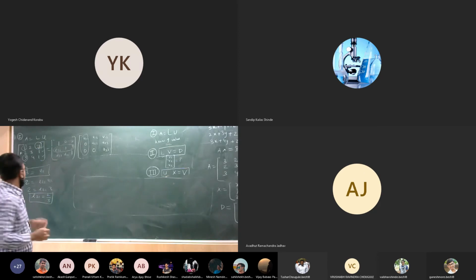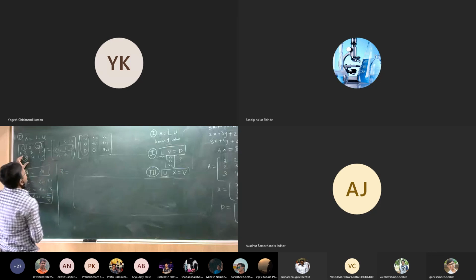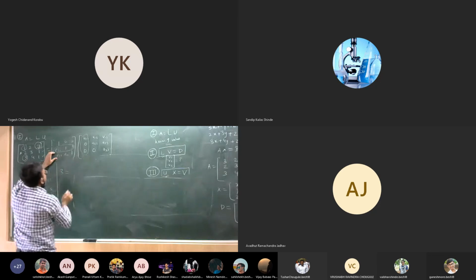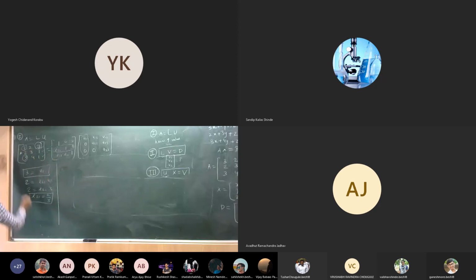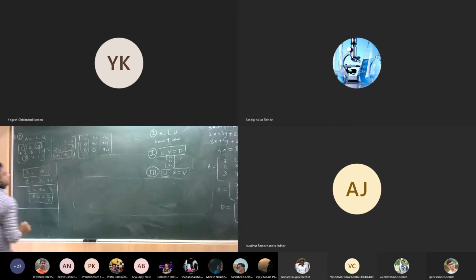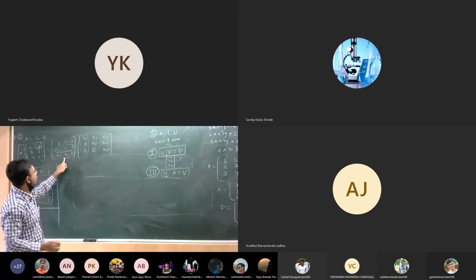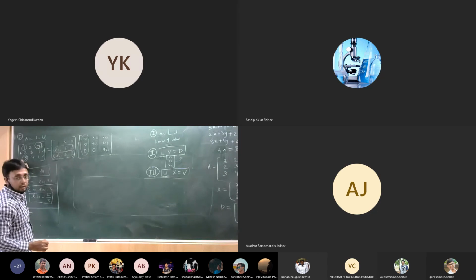Now we have to attach this 3 element. 3 is equal to this row with this column. So that is L31 into U11. It is a simple multiplication of two matrices: the third row into the first column always gives the third row, first element.